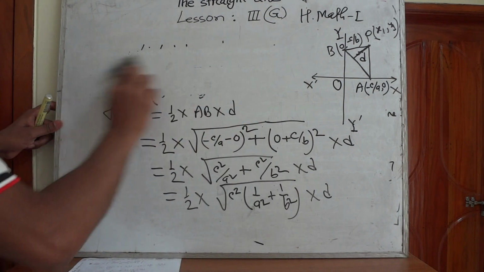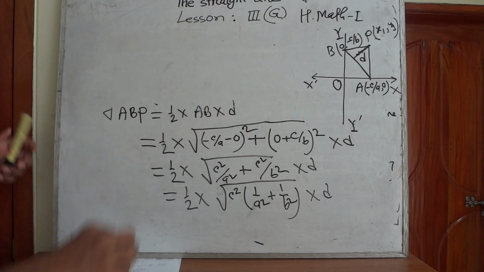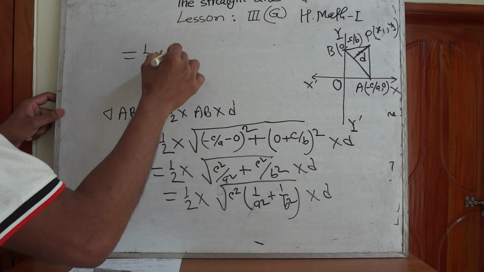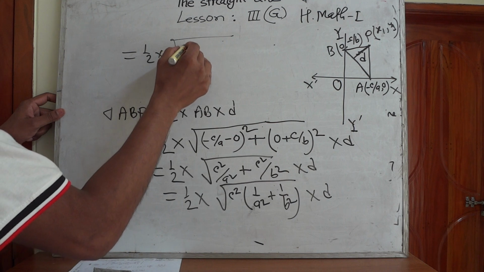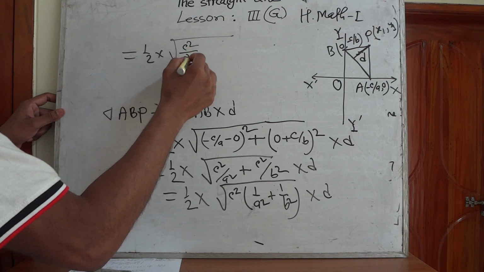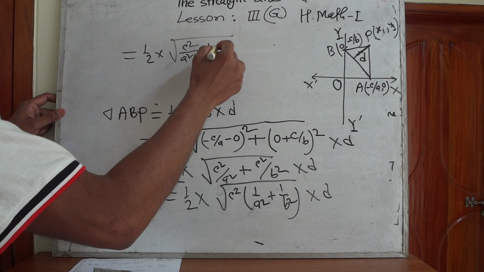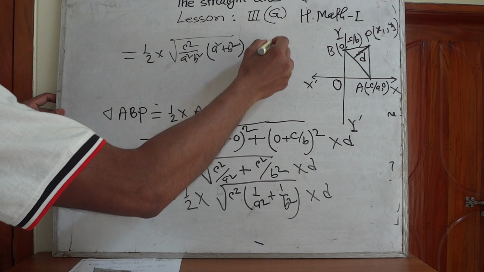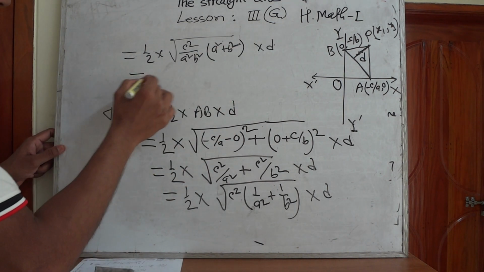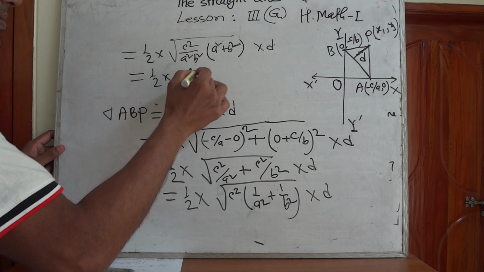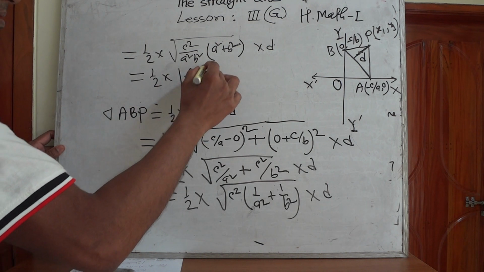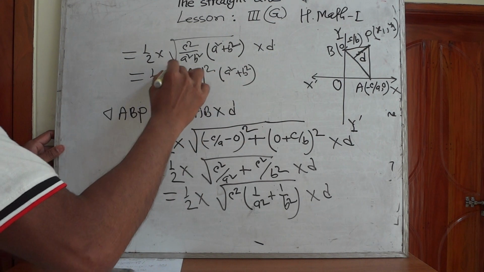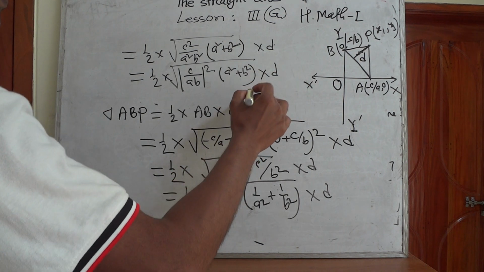Now this we can write as half into square root over c square by a square b square, here will be a square plus b square, into d. This equals half into the square root of c by ab whole square into a square plus b square, into d.